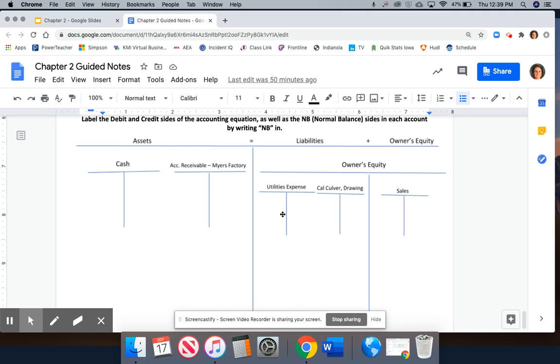And then you're going to label, you might need to look back at our slides, you're going to label the increase and the decrease, and then the normal balance. So sales, always you're going to credit. Drawing and expenses, you're always going to debit. So that makes that pretty easy. So that is 2-3. Be looking for the 2-3 work together to get more practice.